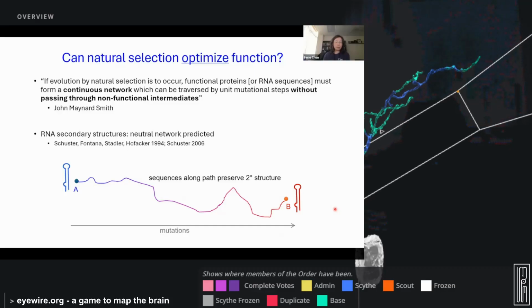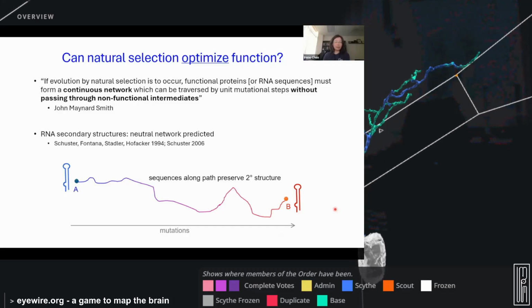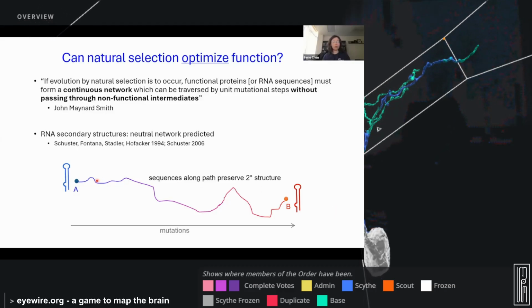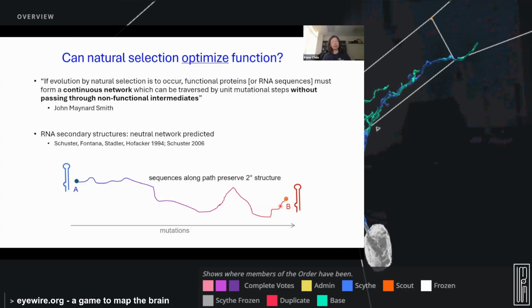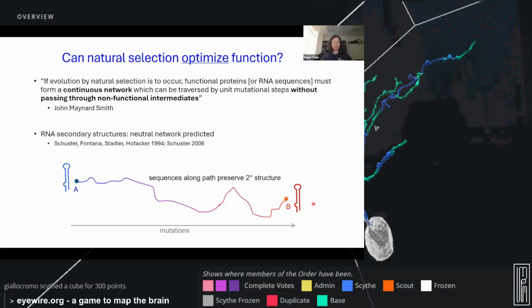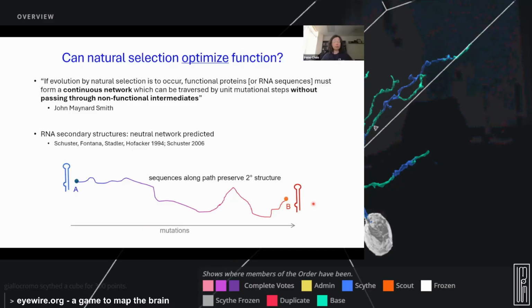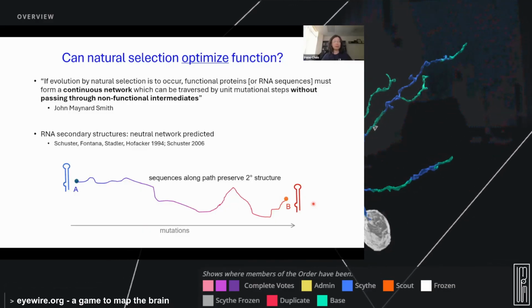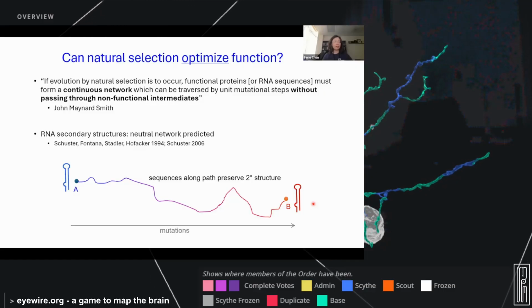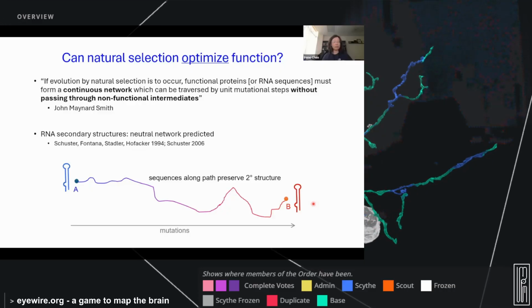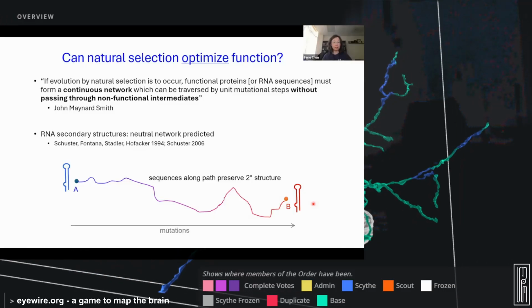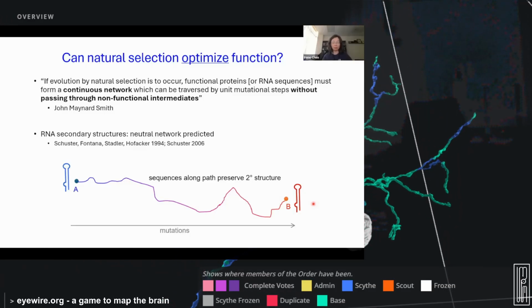And what they found was pretty remarkable to me, at least. They found that the answer is usually yes, you can preserve the secondary structure traveling from point A to point B along the entire way. So this gave the idea of an evolutionary network that permeated sequence space and allowed a high degree of connectivity throughout sequence space, going from one optimum to another optimum, not losing activity or not losing secondary structure.